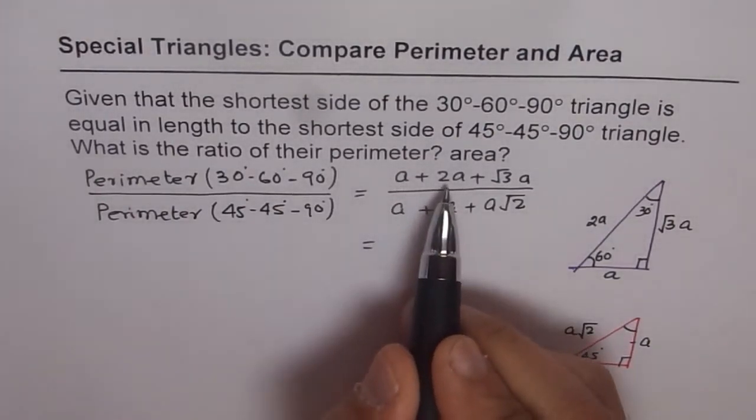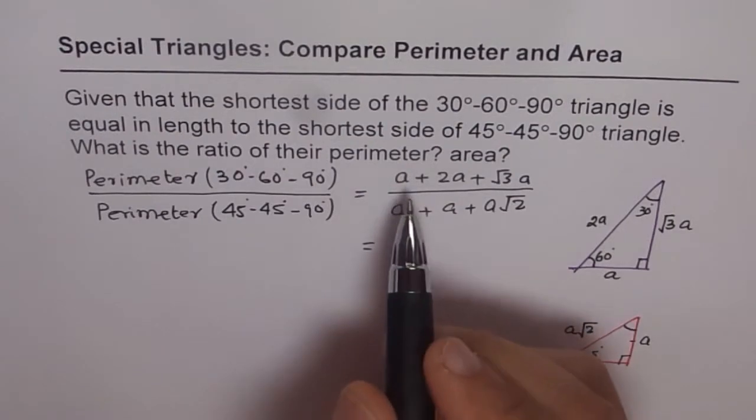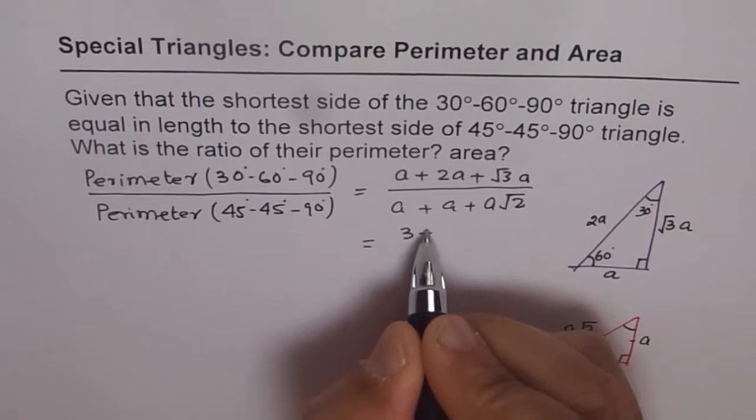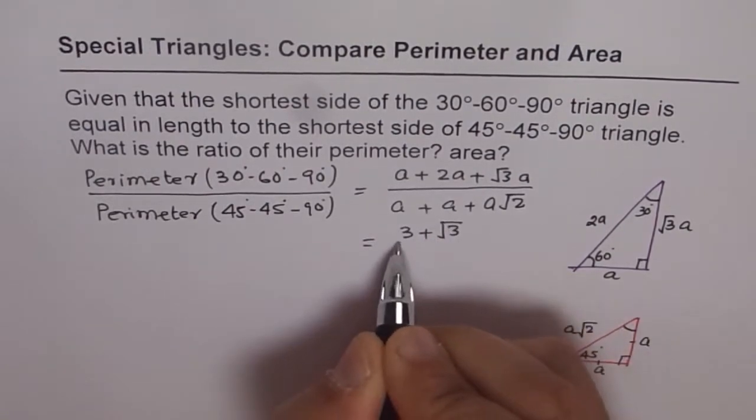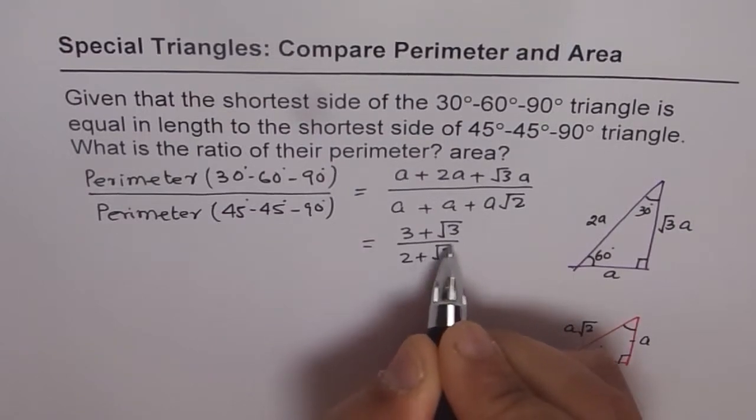A's are common, so we can cancel out the A's, right? And then we get numbers: 1 plus 2 is 3, so 3 plus square root 3 in the numerator, and 2 plus square root 2 in the denominator.